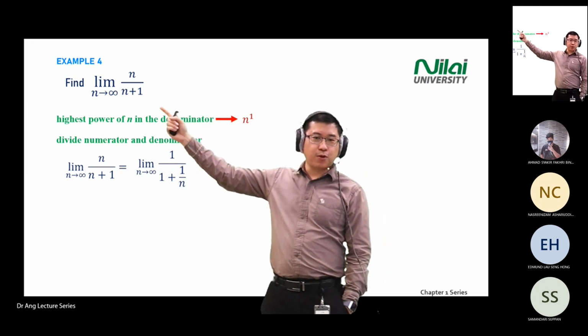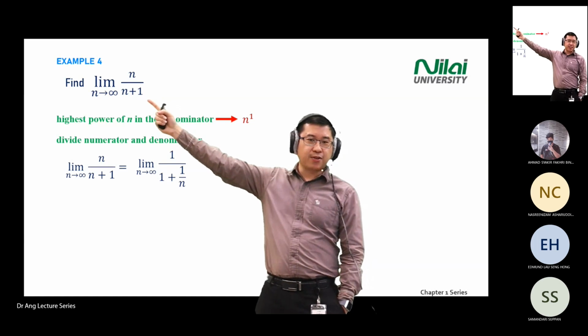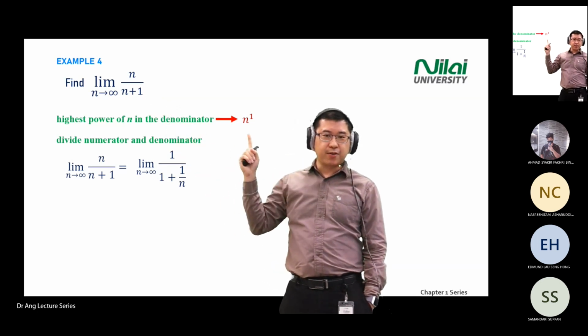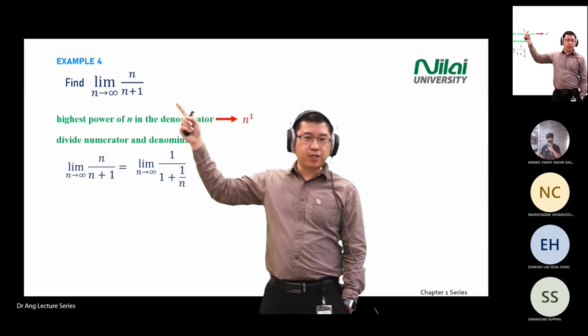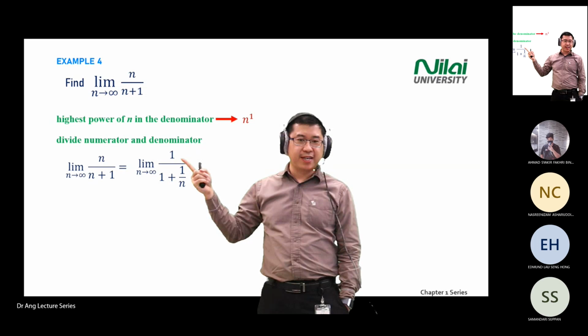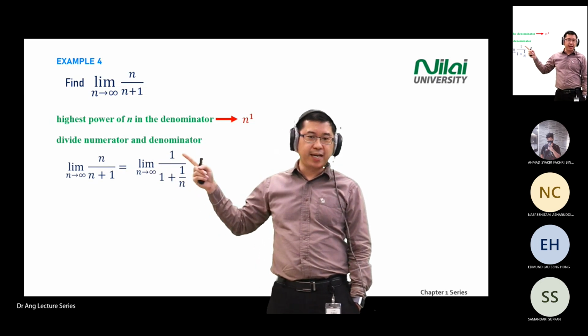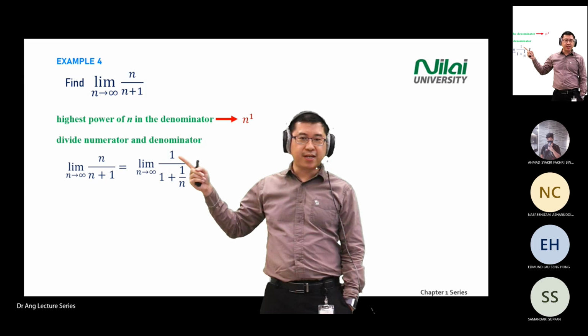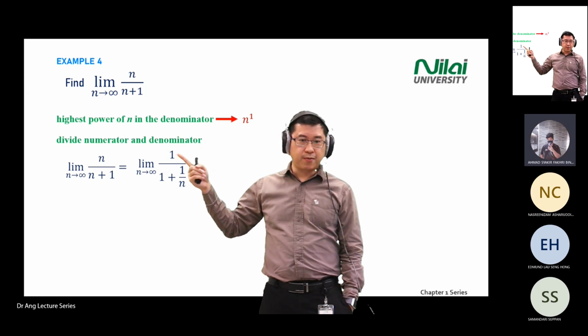The first thing, you go for the below one and check the n power. In this case, your n power is 1, which is n. So basically, you divide the whole equation by n. On the top, n divided by n, you get 1. Do you agree? Is it Shakir that asked the question just now? Yes. So you understand.